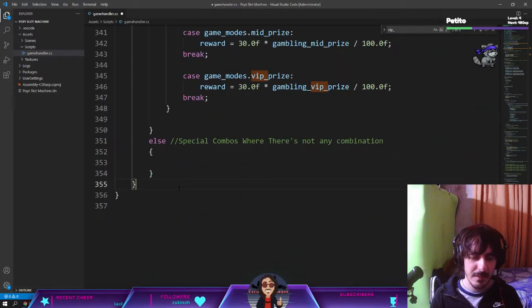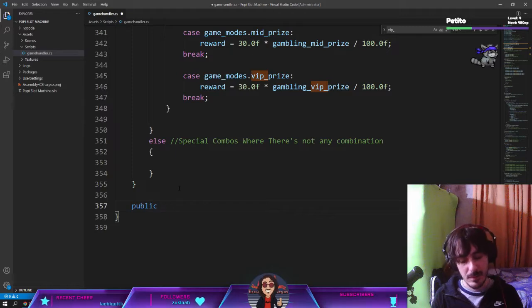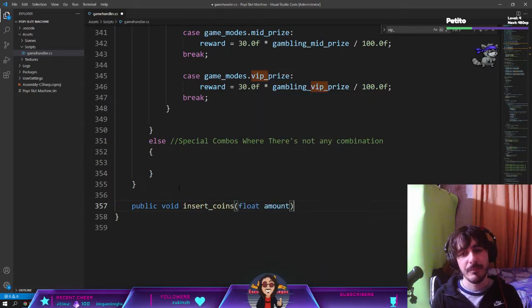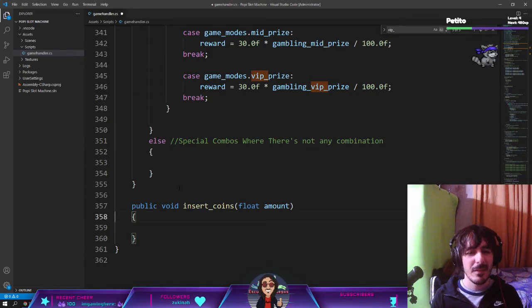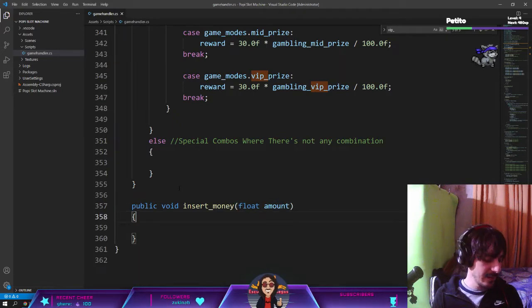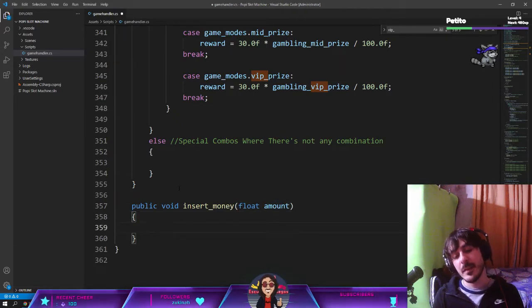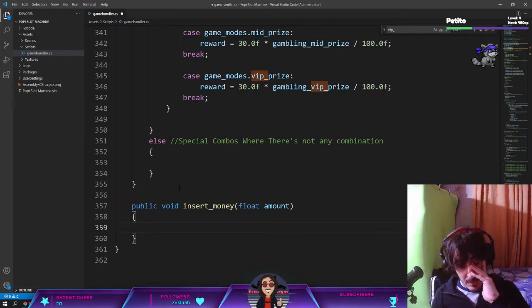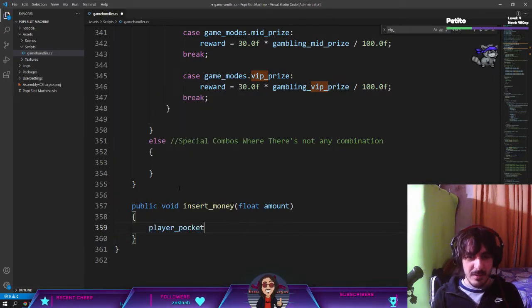Set at the end, insert coins, void. Insert money, because coins, if it's an electronic game, it's weird. So player pocket will increase in this amount.